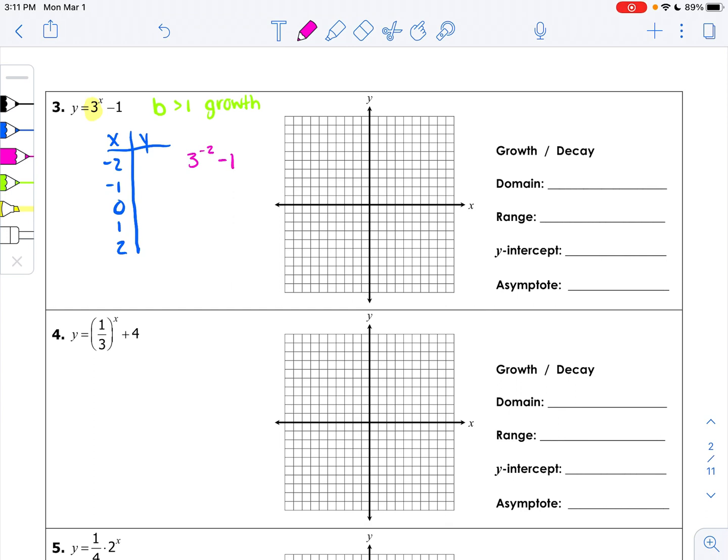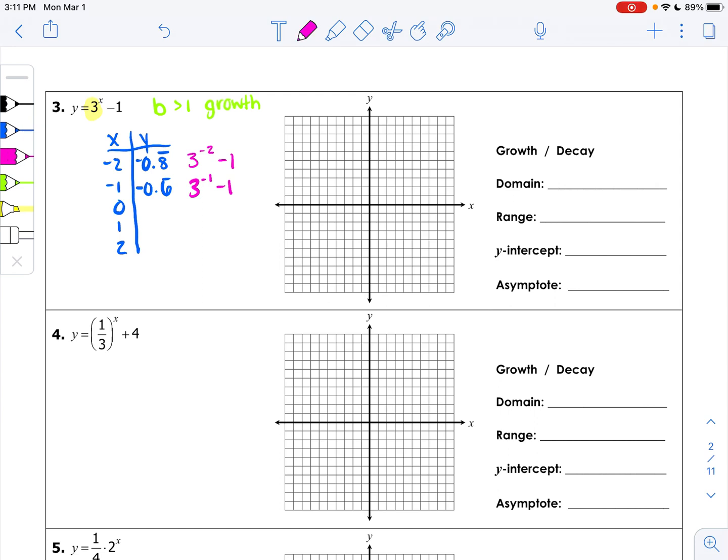And you can see for this one, we get a decimal, and it's a repeating decimal. So we'll write that as -0.8 repeated. And then 3 to the -1 minus 1, again, is another repeating decimal. -0.6 repeated.